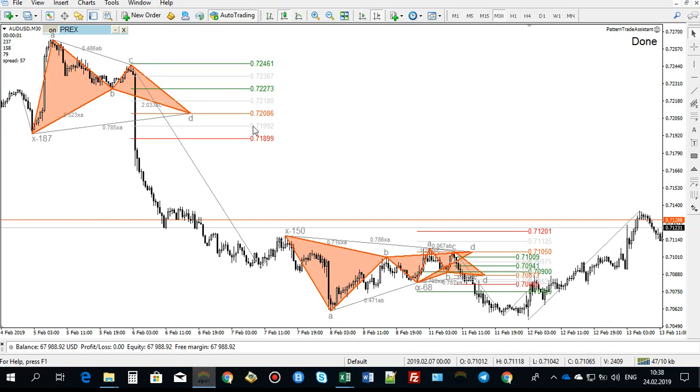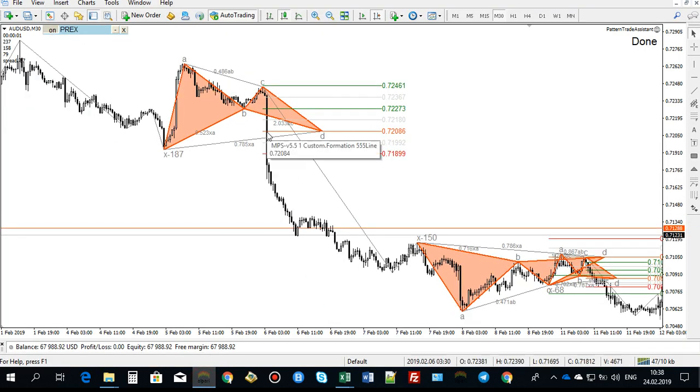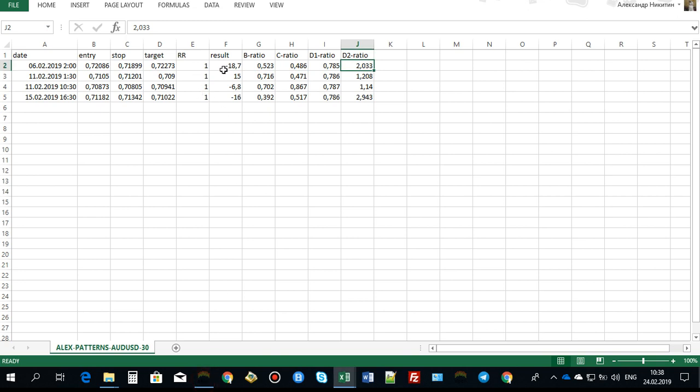It is absolutely fast. If we start from the first trade that I typed today, it was 18.7 pips risk. You can see it is minus 18.7 because it was a loss.